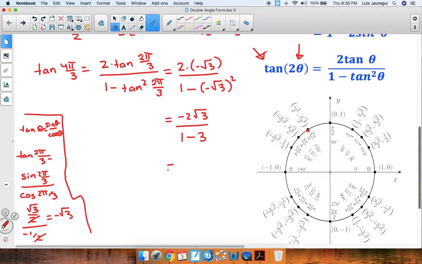So this is now negative 2 times the square root of 3 all over 1 minus 3, which is negative 2. Notice that the negative 2's cancel out, and this simply becomes the square root of 3. Therefore, we can say that tangent of 4 pi over 3 is equal to the square root of 3.